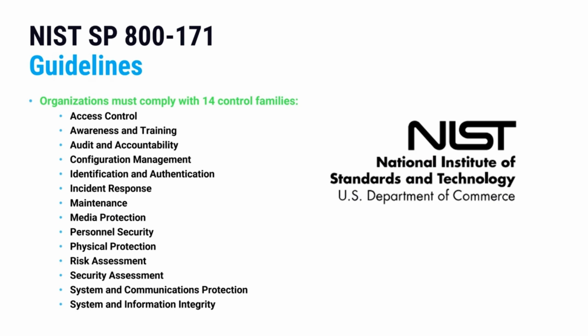Each control family does vary with the number of controls in each. Some have as few as 3, such as awareness and training or incident response, and then up to 22 controls, as with access control. So there is a breakdown of each, and it just organizes everything into their respective families.